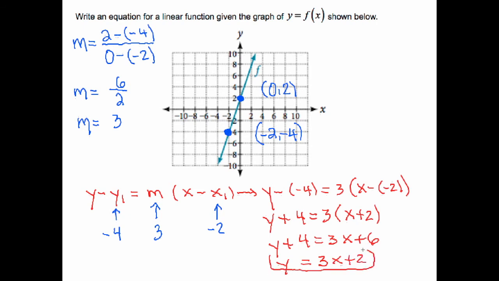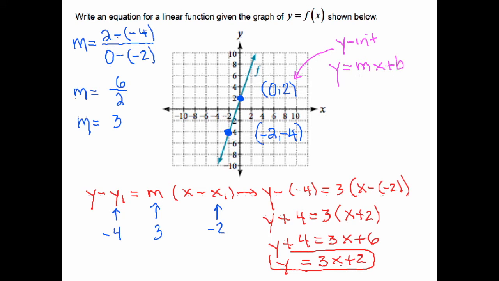Now that is one way to find the equation of this line off of the graph. But there is a quicker way. The quicker way works when you recognize that once you find the slope, one of the points was the y-intercept. So you could write down y equals mx plus b.